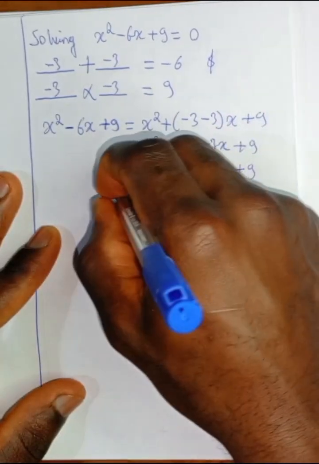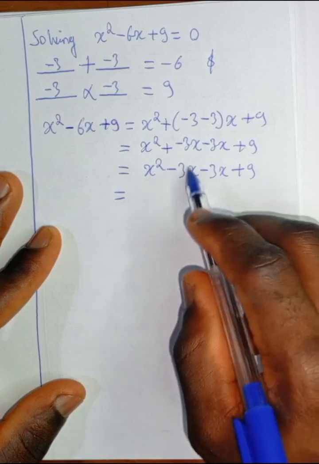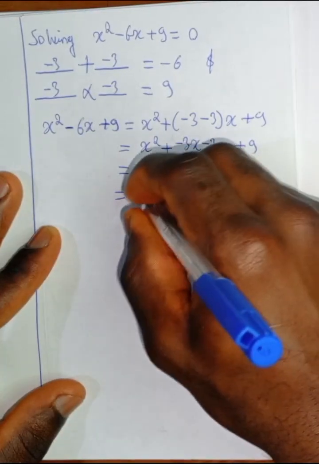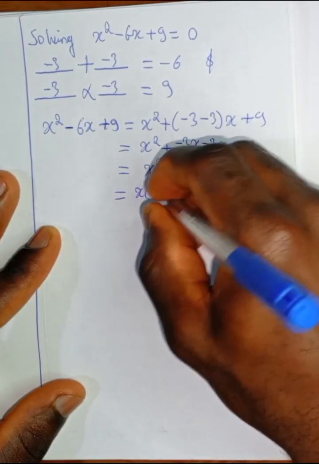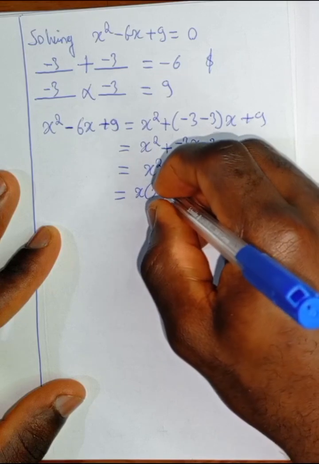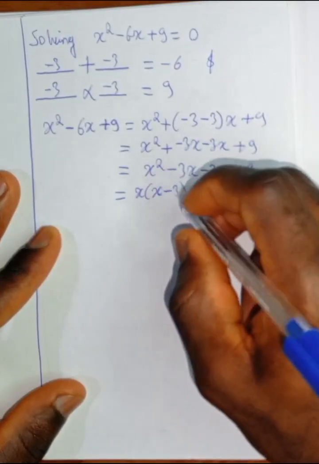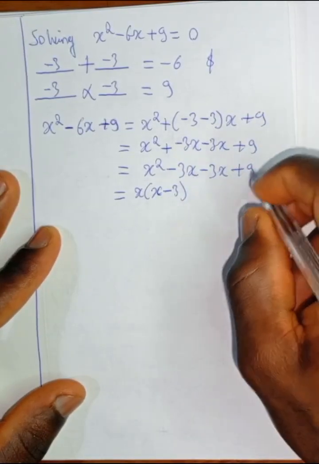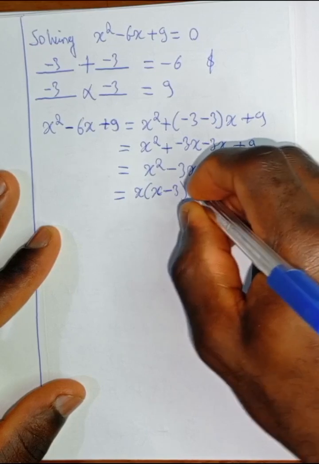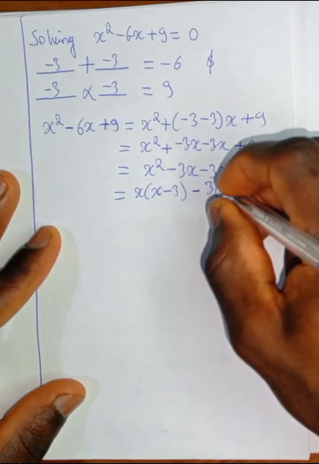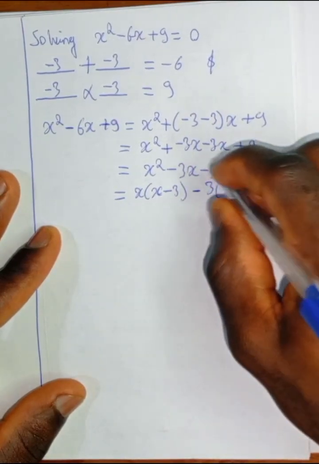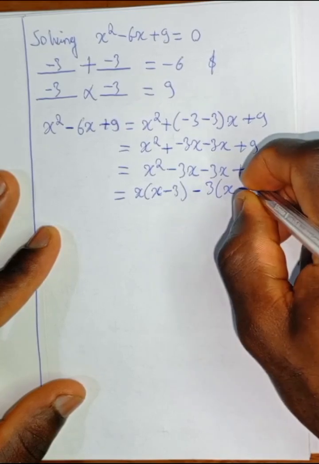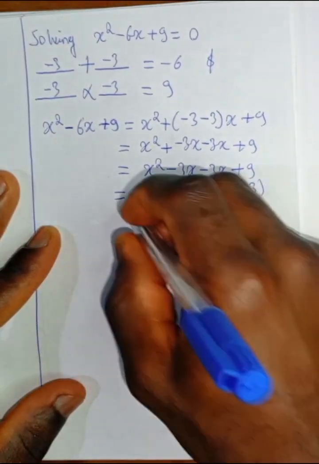plus 9. If you look at the first pair, x is common, we factor out x. x times x gives us x squared, x times negative 3 gives us negative 3x. The second pair, we factor out the negative 3. Negative 3 times x gives us negative 3x. Negative 3 times negative 3 gives us 9.